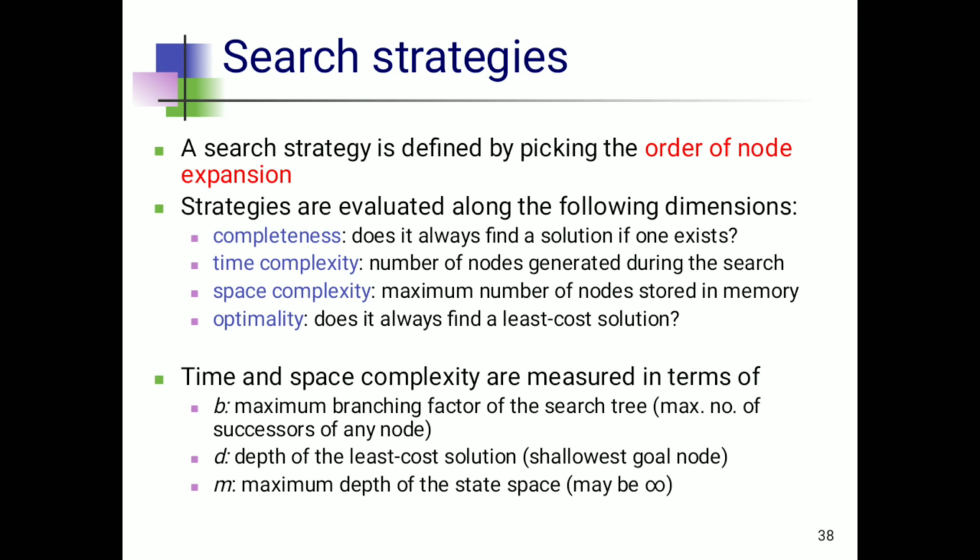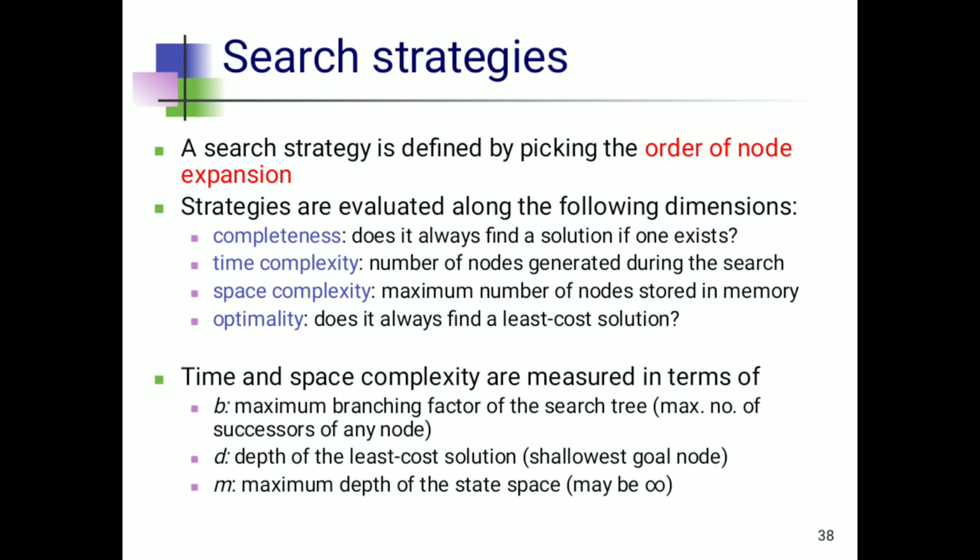Then the next one is optimality. Does it always find a least cost solution? Yes, this is very important. Whenever we decide on any search strategy, we have to check whether the solution is optimal or not. If the search strategy always gives me a solution, is that solution optimal? Does that solution have the least cost?